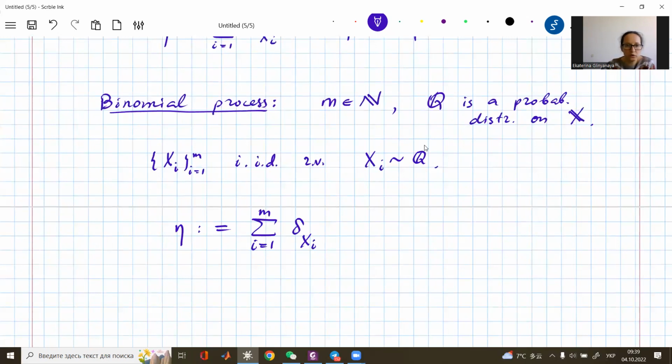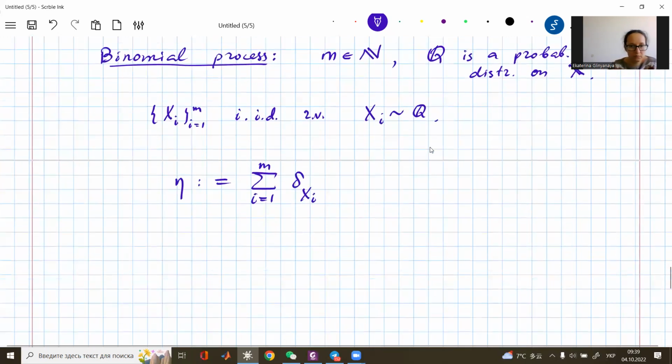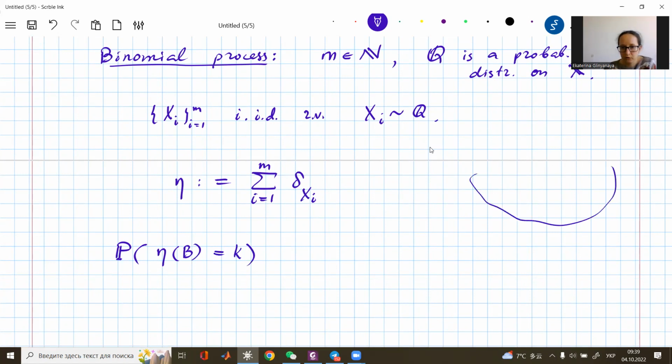Why is it called a binomial process? Because if we try to calculate the probability that we have in set B exactly k points, let me draw a picture here.